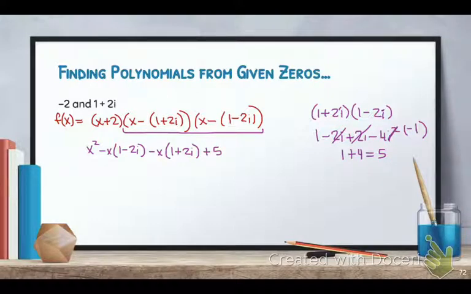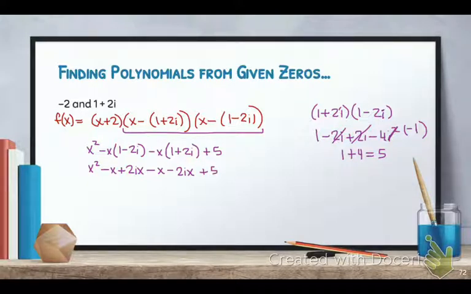Now let's distribute the x in and fully simplify. So x squared minus x plus 2ix minus x minus 2ix, and then plus 5.